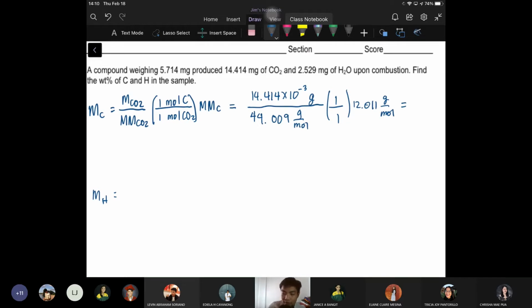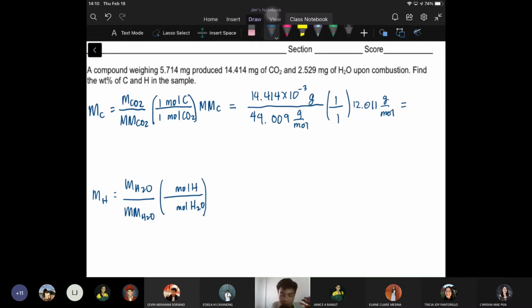Okay. So anyway, paano natin kukunin yung mass ng hydrogen? That can be calculated from the mass of water divided by the molar mass of water. So you have the moles of water na dyan. Ano nang gagawin? Yung moles ng water, i-convert mo to moles of hydrogen. So nasa baba yung mole ng water, nasa taas yung mole ng hydrogen.